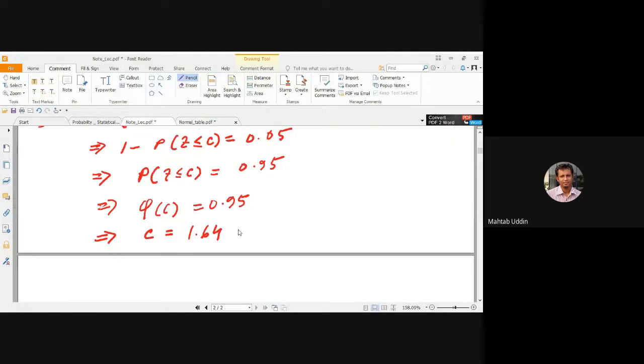So you can either write 1.64 or 1.645, but you cannot write 1.65. Do you understand? You can write 1.64, you can write 1.645, but you cannot write 1.65. Now going to be here.